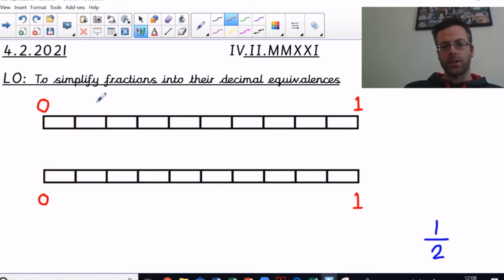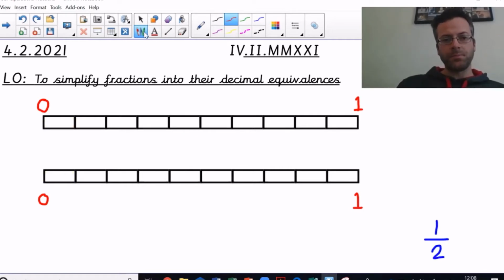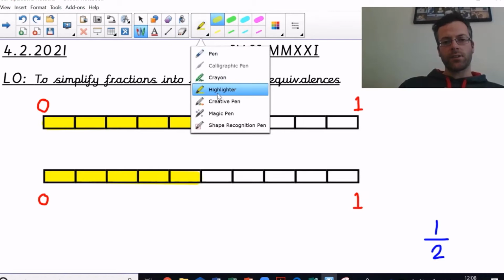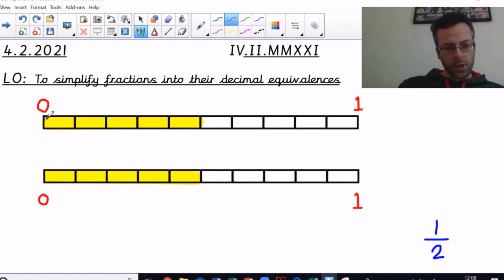Okay, let's look at another one. Now let's look at a half. So if I shaded in half of this, okay, so I've got 5 shaded and 5 not shaded, and I've shaded in half of this. Hopefully you'll agree with me that I have split by shading in half of this.